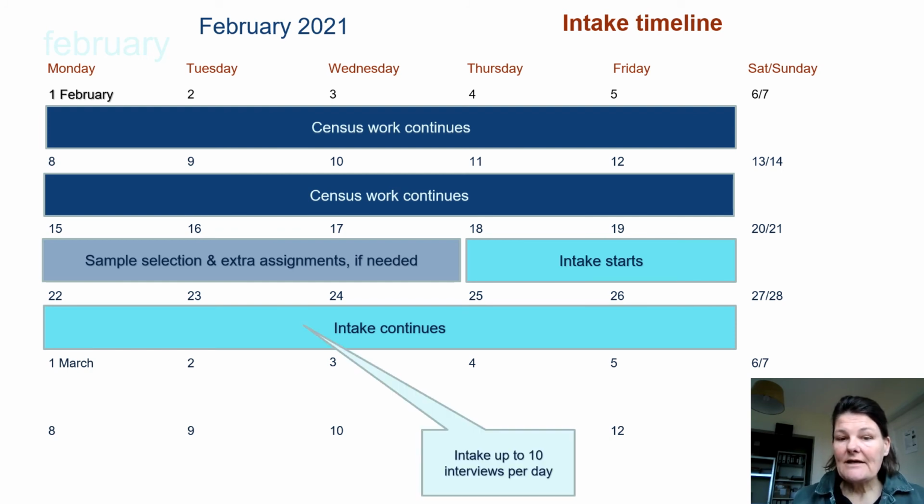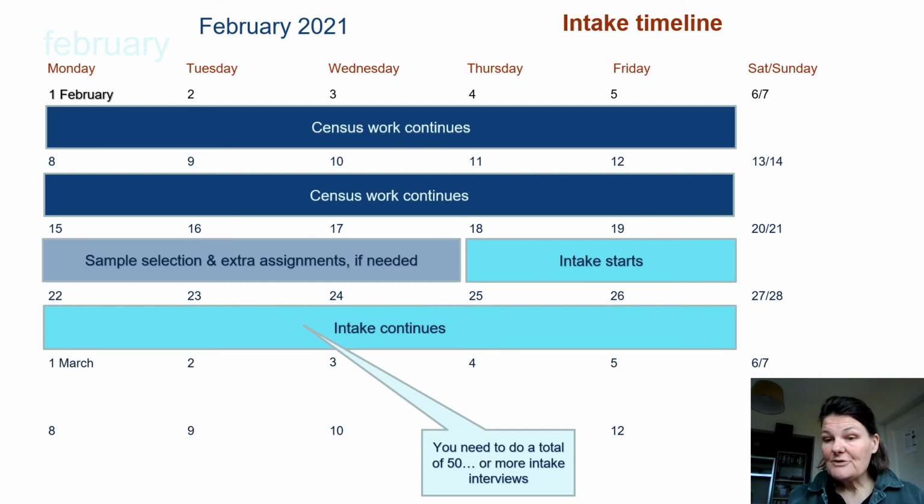During the intake, we expect you to do 10 interviews per day. They're very short interviews. Most of your time you'll be searching for the right person to get an appointment with them. So in total, you'll be doing 50 intake interviews according to the list that you get.